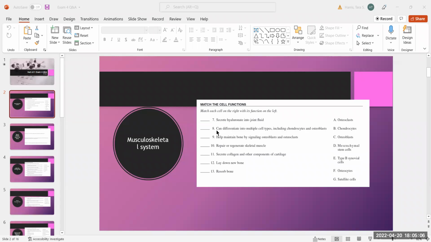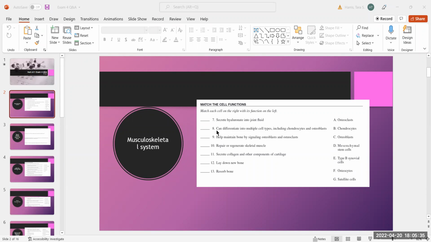That's what their responsibility is. Let's see, type B synovial cells, they're responsible for secreting hyaluronate into the joint fluid.